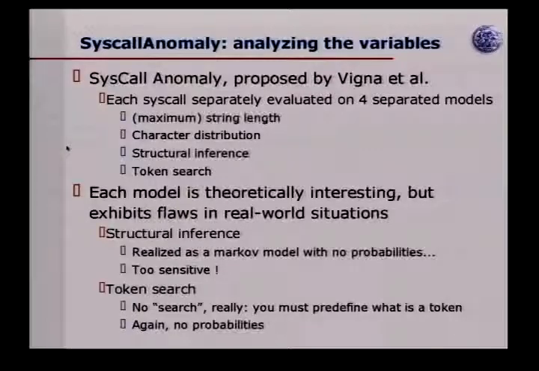The token search, again, you must predefine what is a token, so much for unsupervised learning. And again, you don't have probabilities. So if you have a token, which is, for example, a UID-GID combination, and there's a combination of UIDs and GIDs which you have never seen, then it will be flagged as an anomaly.